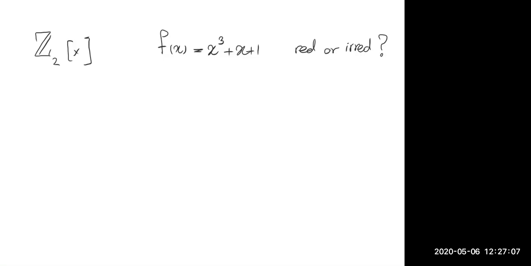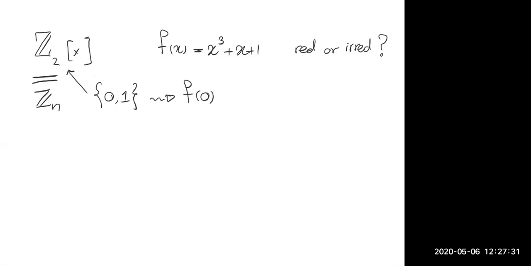Yes, that is correct. So the idea is that whenever we are working with Z2, or in the more general case, Zn, we should always try all these numbers in Zn. In our case, it's Z2, and we only have 0 and 1, to see if f is 0 at any of these points or not.